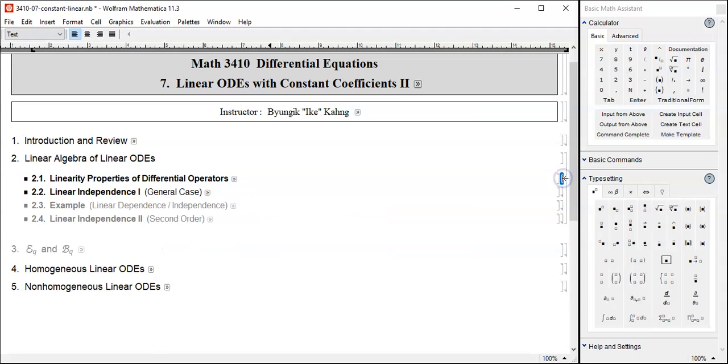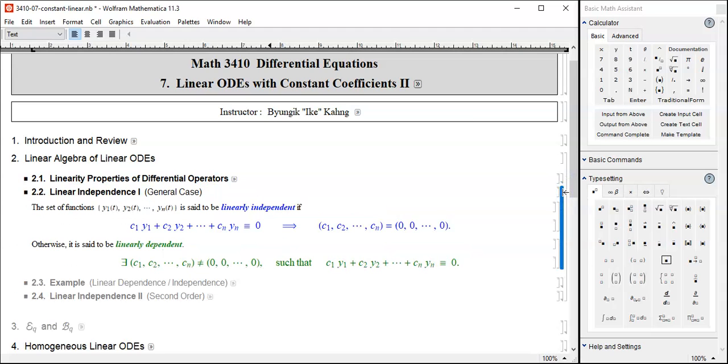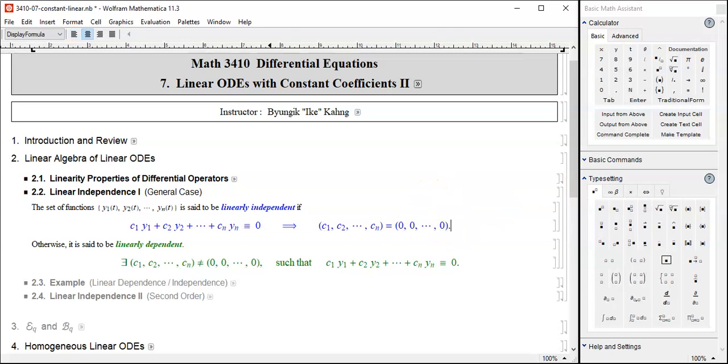So much for 2.1, and let's go to the next topic, linear independence. A set of functions y1, y2, y3, and so on is said to be linearly independent if the linear combination c1y1 plus c2y2 plus and so on is identically 0, not just 0 sometimes, but always 0, identically 0, then all the coefficients are 0.